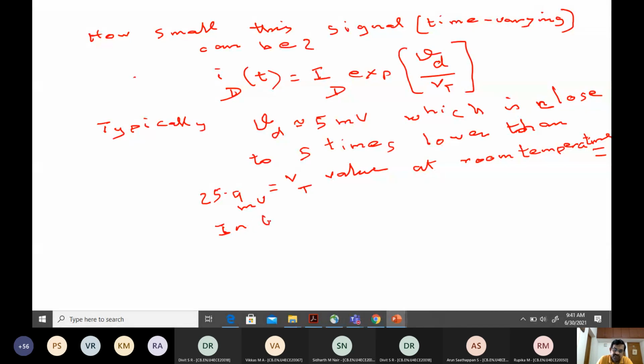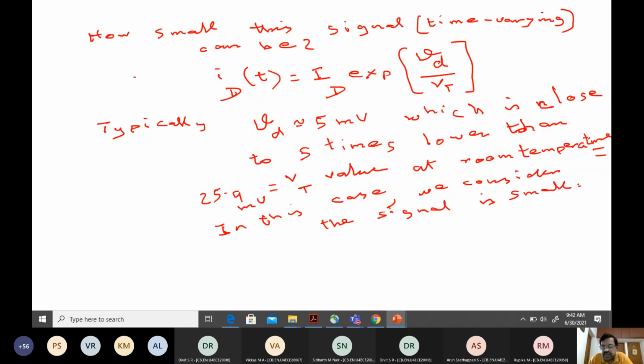In this case we consider the signal is small.